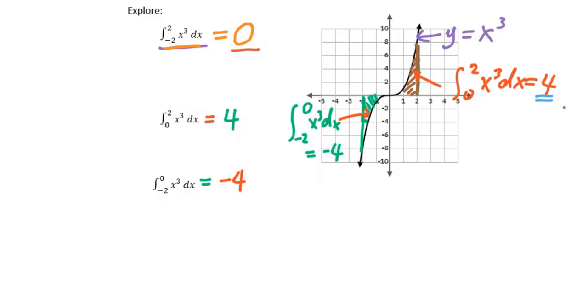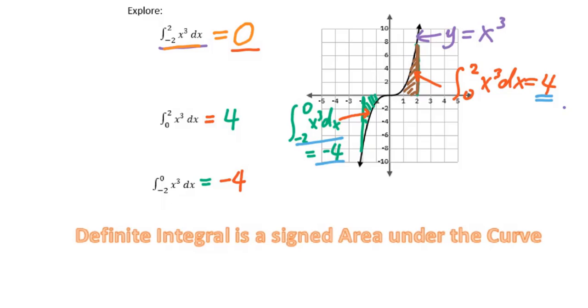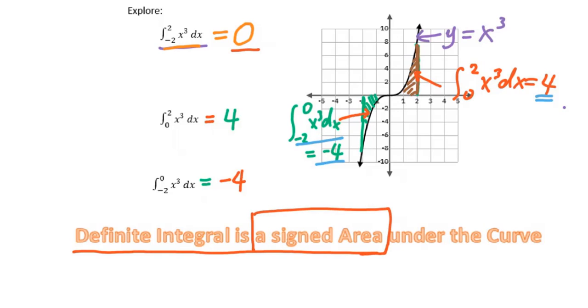For a continuous negative function, the definite integral will be a negative value. Therefore, we can draw a conclusion. The definite integral is a signed area under the curve. When the function is continuous positive, the definite integral is positive. But for continuous negative functions, the definite integral will be a negative value.